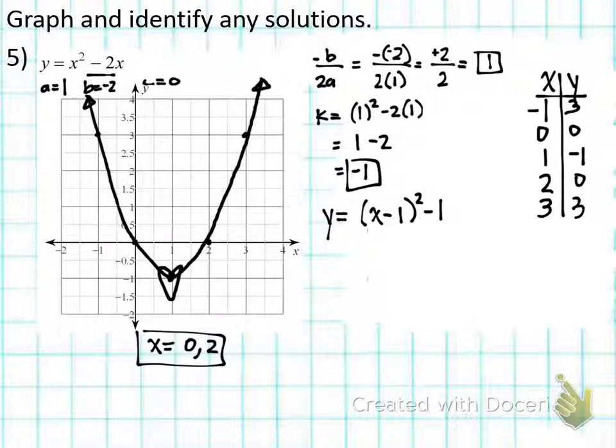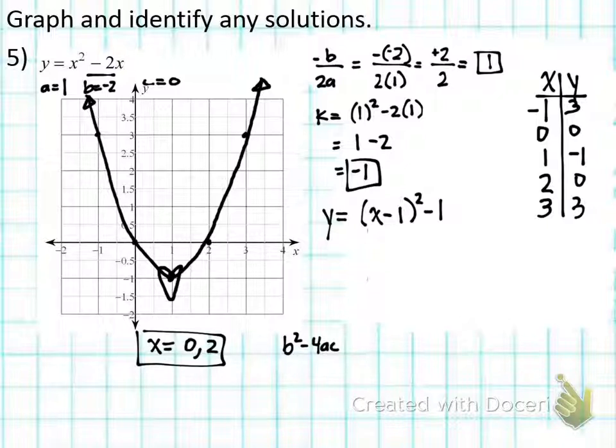This is a different way you could do that. Predict. What should our discriminant be? Positive, negative, or 0? Positive, right? Because there's 2 of them. Let me prove it to you. Discriminant is b squared minus 4ac.